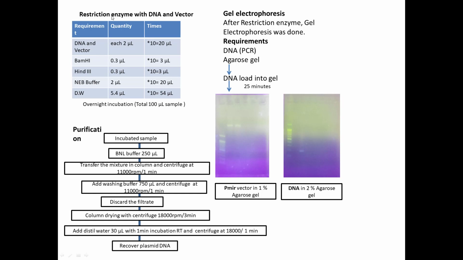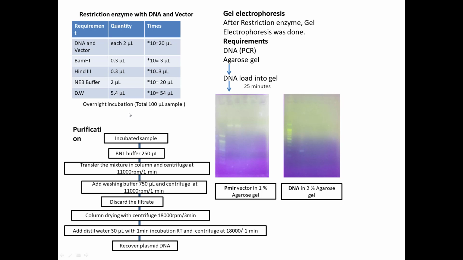This is the process that I use in my lab for the restriction enzyme activity with DNA. For the DNA in the vector, I use 2 microliter of DNA in vector, and BamHI and HindIII are the restriction enzymes, and this is the NEB buffer, which is generally the buffer for these enzymes. I also use some distilled water, and the total sample was 100 microliter, and I did the overnight incubation.